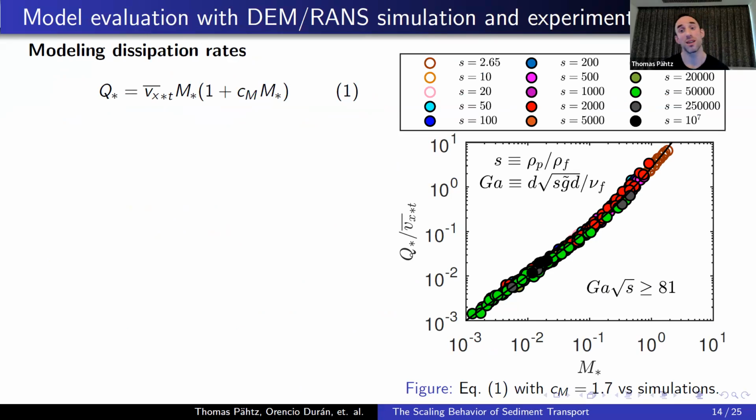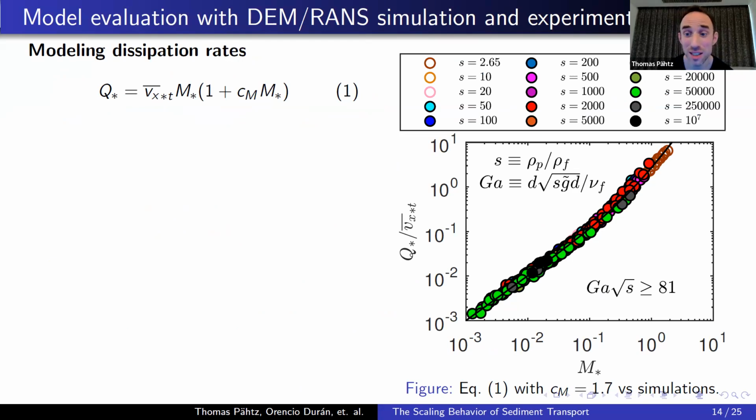So what you can see here on the right-hand side is the plot, with many different conditions, different density ratios, and also different Galileo numbers, but I haven't decoded them in this legend. So I only show you the value of the density ratio. And it ranges from 2.65 to 10 to the power of 7.